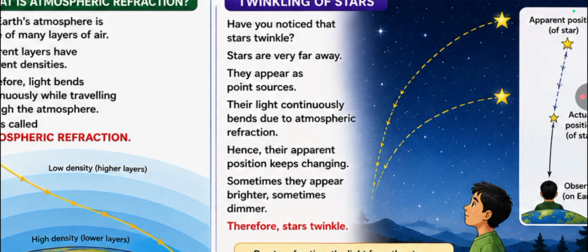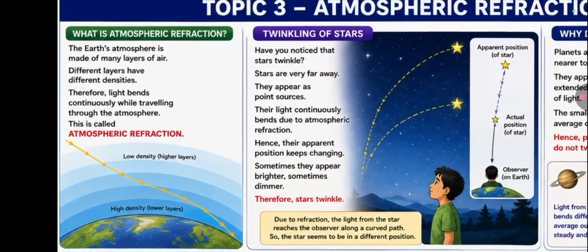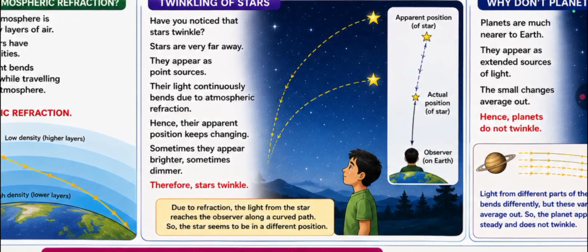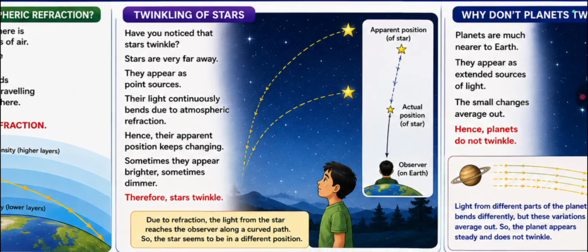Sometimes they appear brighter, sometimes dimmer. Therefore, stars twinkle. Due to refraction, the light from the star reaches the observer along a curved path. So the star seems to be in a different position. Here we have to see in this picture how stars twinkle.